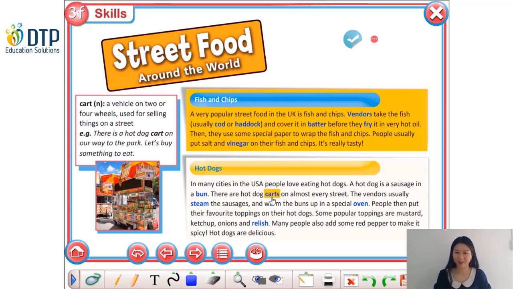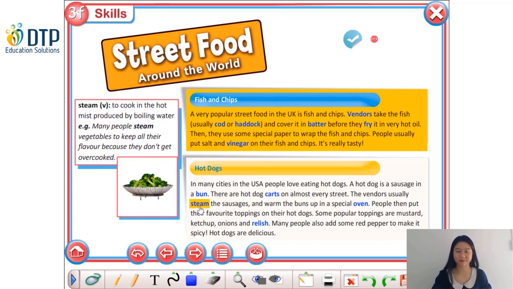So what are they? Yes, that's right. Carts có nghĩa là xe đẩy, dùng để bán hàng rong. Now we have the word steam. Okay, look at the picture of a steam. Can you guess? Steam là một động từ, có nghĩa là hấp.